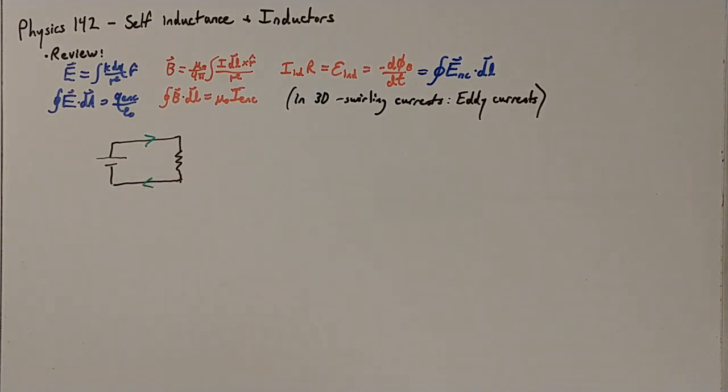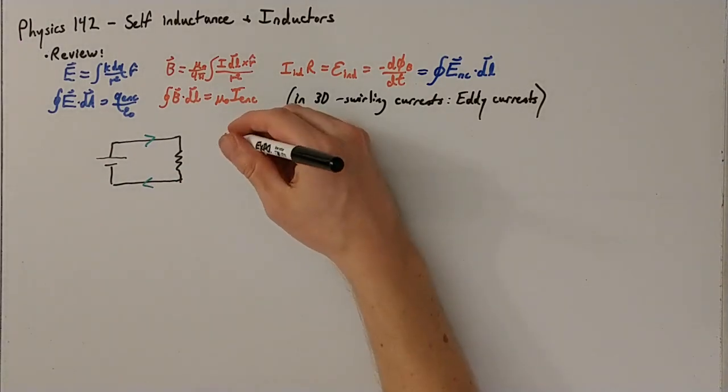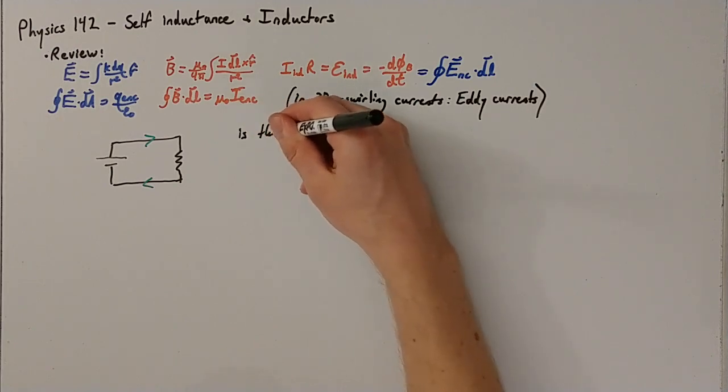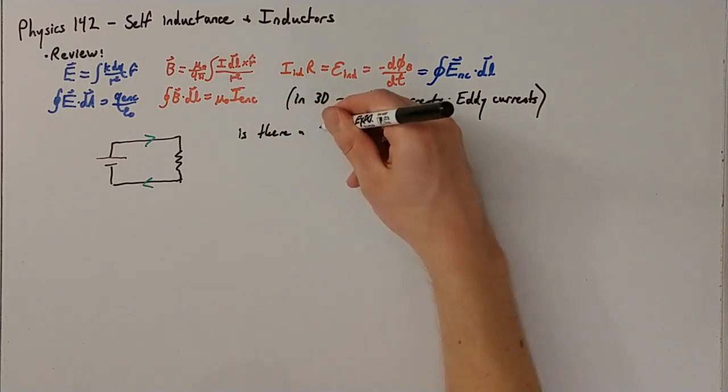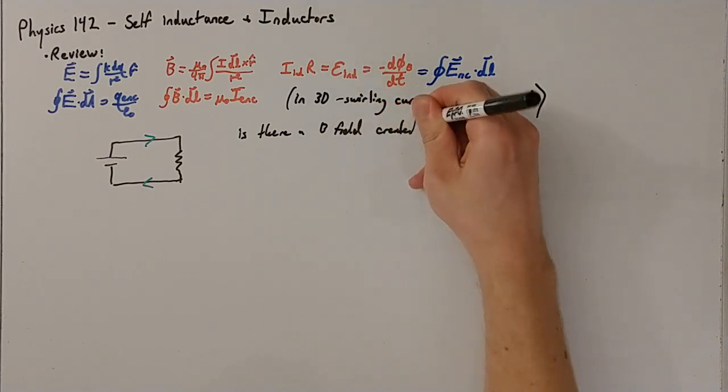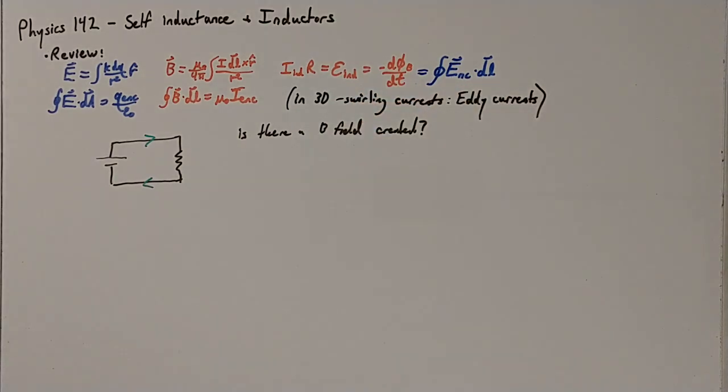There are a couple of questions I want to ask. The first question is: is there a B field created? Do you get a magnetic field in this case if you just have constant current?